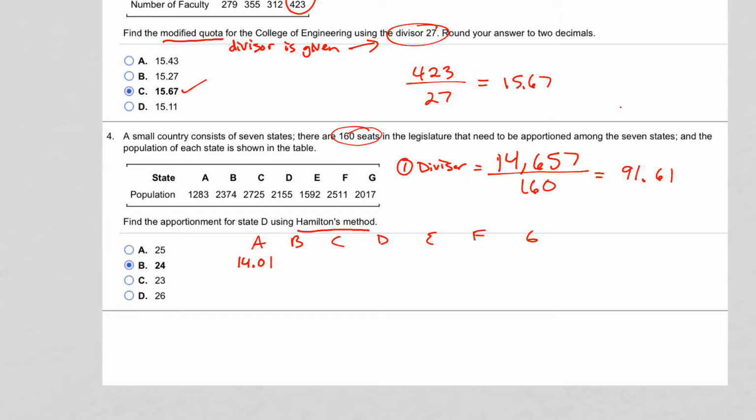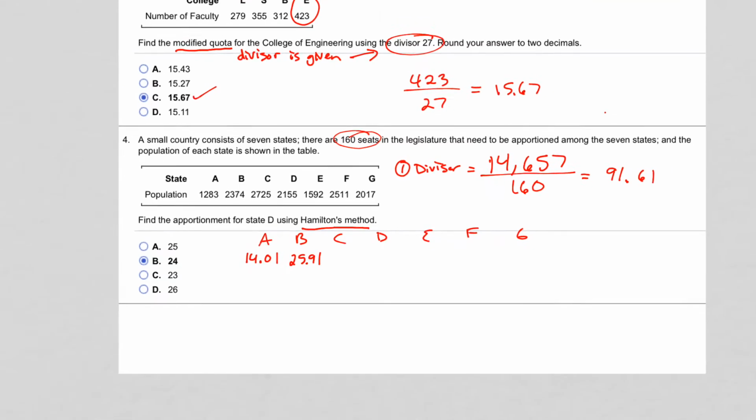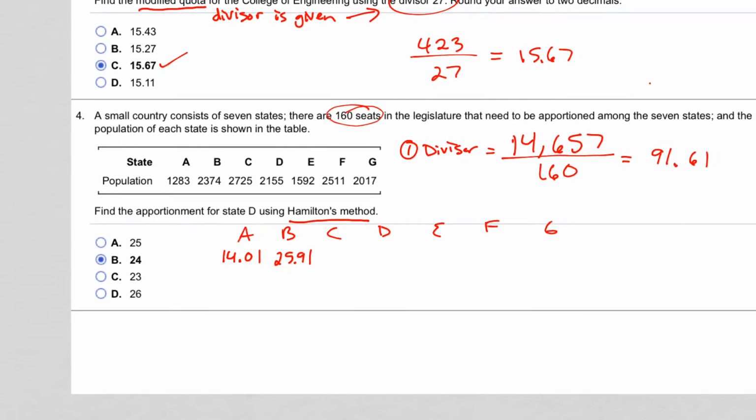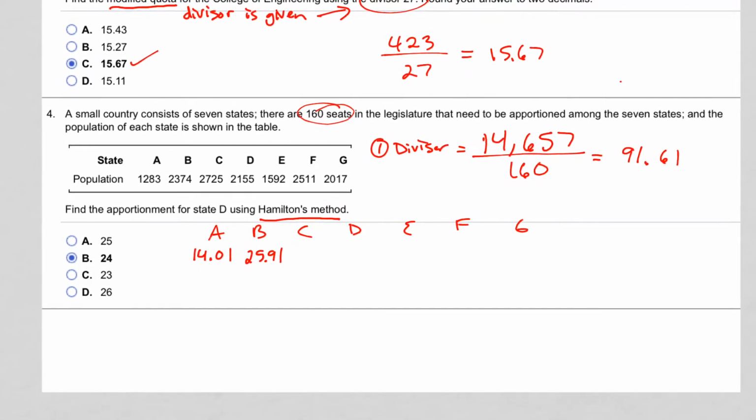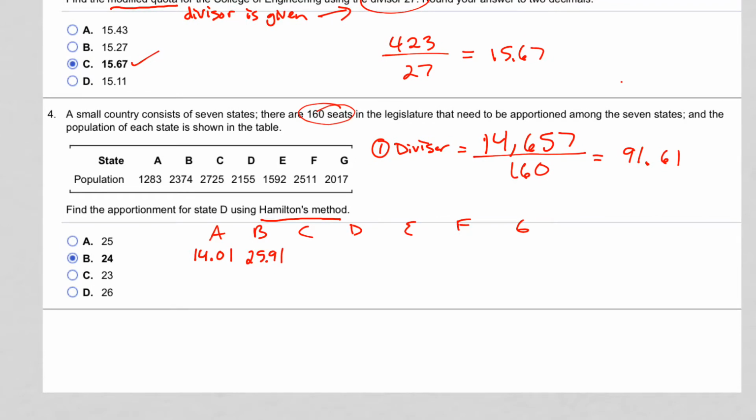2374 divided by 91.61 is 25.91. 2725 divided by 91.61 is 29.75. 2155 divided by 91.61 is 23.52.